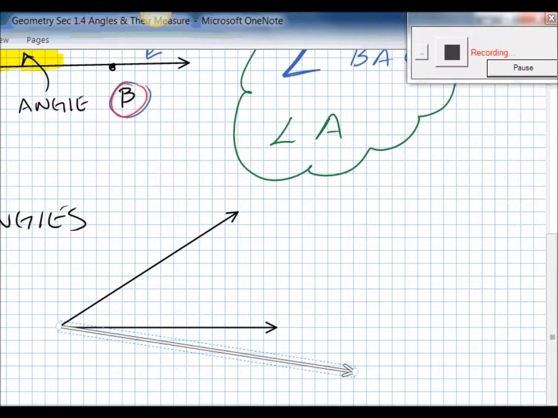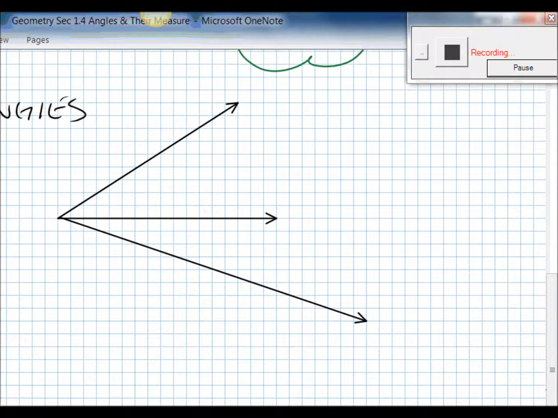And here is another ray. So I have 3 rays joined together at one spot, something like that. We will name our vertex Q. On the top ray, label the point P. In the middle ray, name it S, and on the bottom ray, name it R.